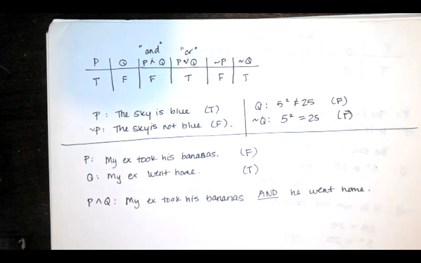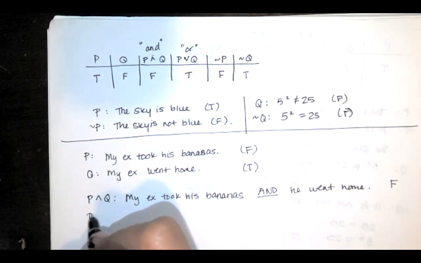Since one of these is false, he did not have any bananas to take anywhere. Since one of these is false, the and statement is false. Now, if he had taken his bananas and gone home, then the whole thing would be true.